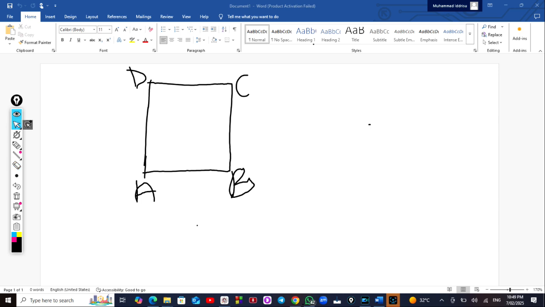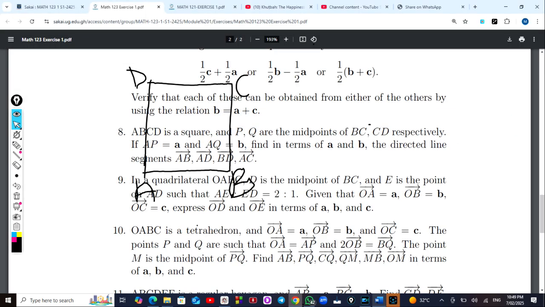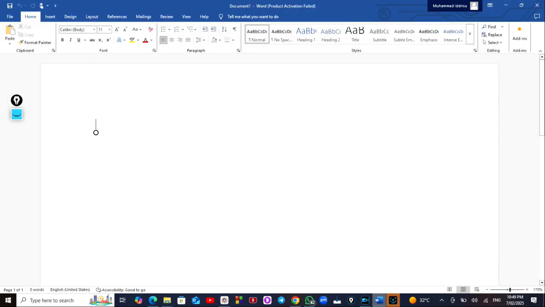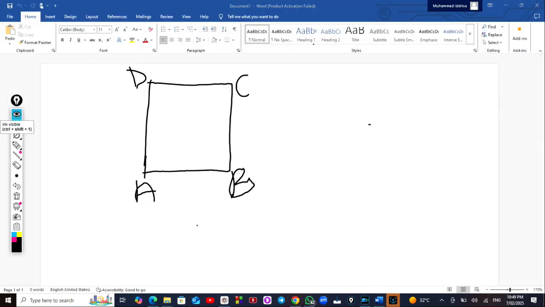So let's see the next one. The next statement is that P and Q are the midpoints of BC and CD respectively.